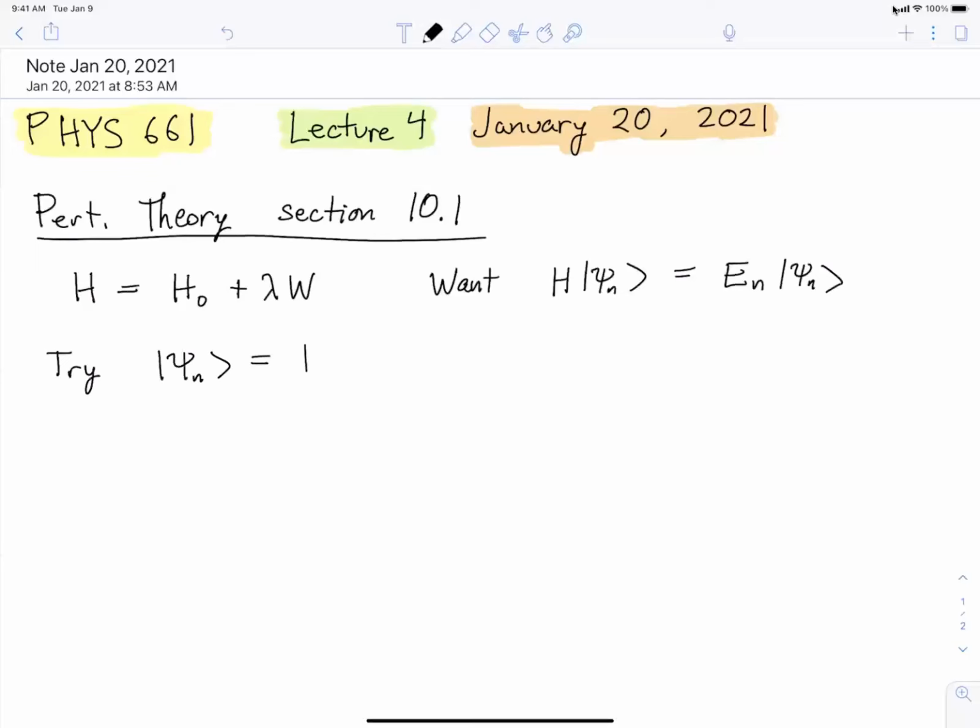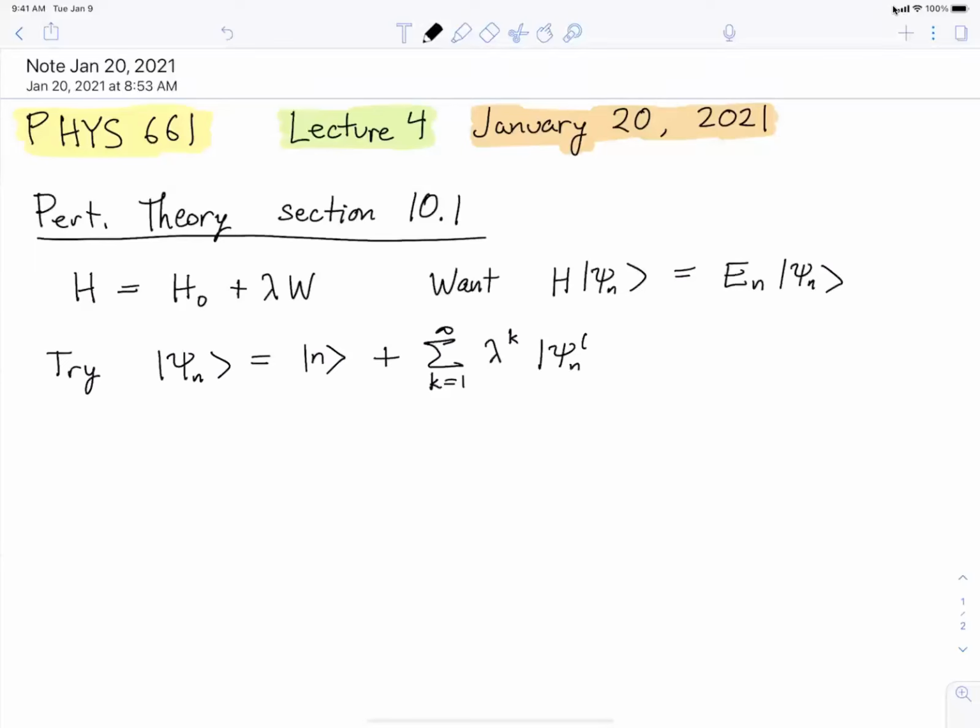that the eigenstates are just the eigenstates of H0 plus an infinite sum that we're not going to compute all of. But in principle, it's an infinite sum of powers of lambda. Lambda is supposed to be something that's small.